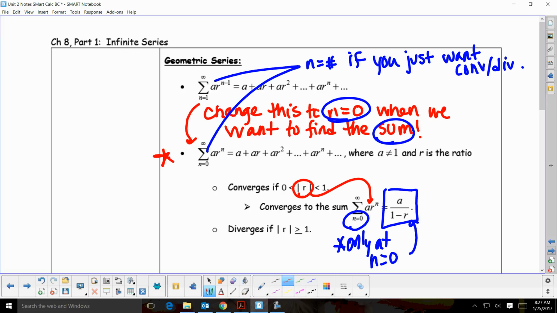This is the condition. Remember when I say you're going to have conditions for convergence or divergence? For geometric, this is the condition for convergence. This is what it converges to, if it's a convergent series.